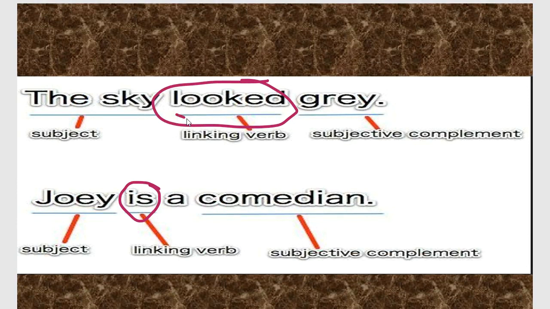Looked is not in any way an auxiliary verb, and here is is also not used as an auxiliary verb. The verbs looked and is are both being used as linking verbs over here. Is it clear to all of you, children?